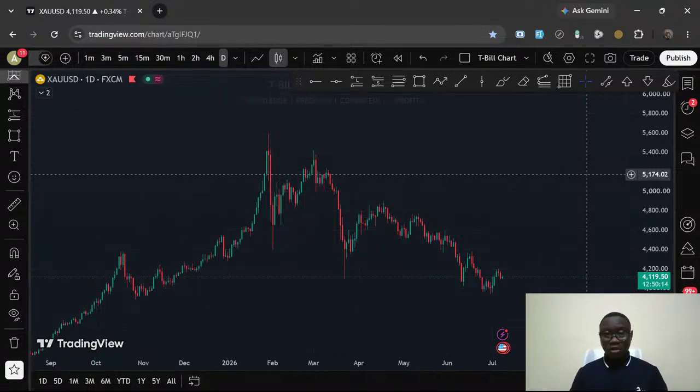We establish our directional bias, then identify our key POI, which is basically our order block and breaker blocks. Then we identify our external liquidity, and then we go to our entry time frame and look out for our confirmation when price gets to our point of interest. Then we execute our trade accordingly as soon as our confirmation aligns.